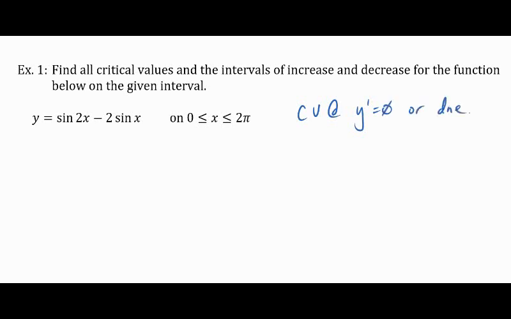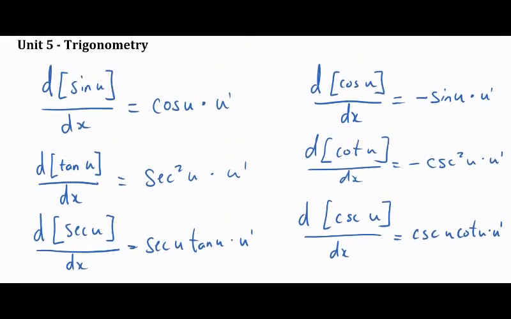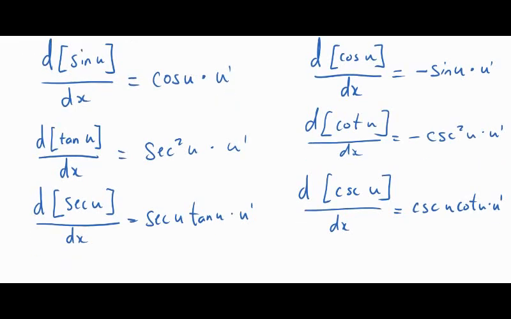This doesn't have any asymptotes. It's a trig function. So let's go ahead and find the first derivative. The derivative of sine of 2x is cosine of the same angle times the derivative of the angle.